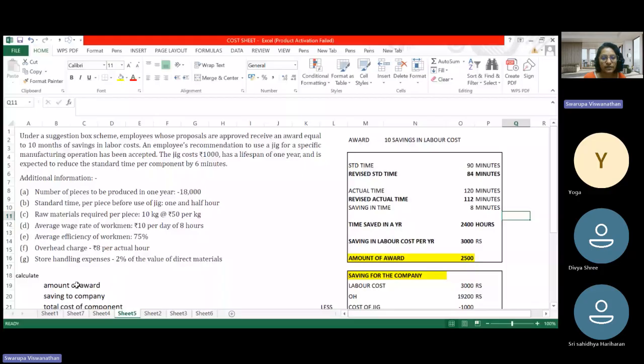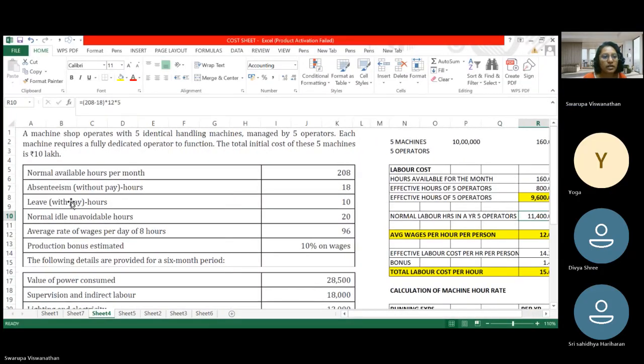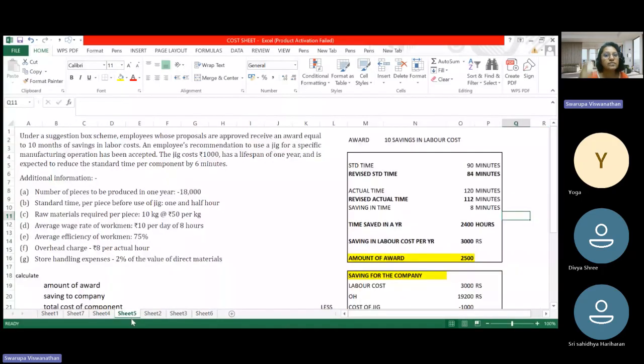Even in the previous question, you can see there was a particular hourly breakup given on idle time and time without wages. That means you need to calculate the actual time. That is why the breakup is given. Or if the efficiency details are given, that is also an indication to calculate the actual time.